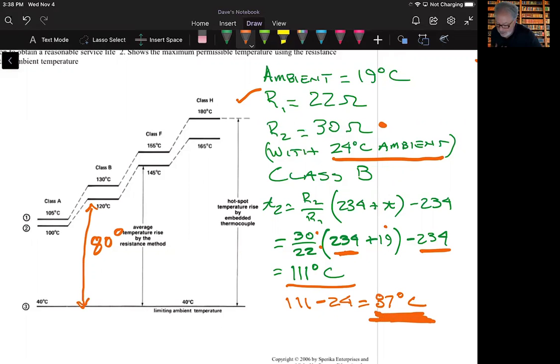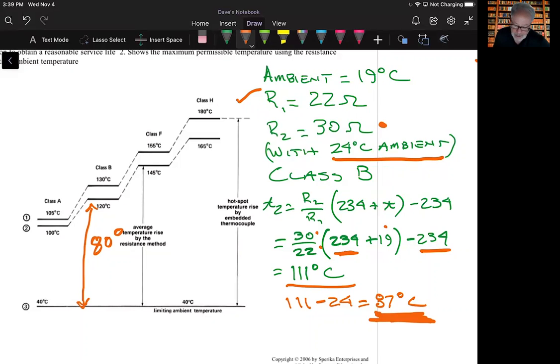So we could do one of two things, right? We could change the class that we offer it as. The rating would have to be reduced, or the cooling system improved before it could be put on the market and sold as a Class B motor.